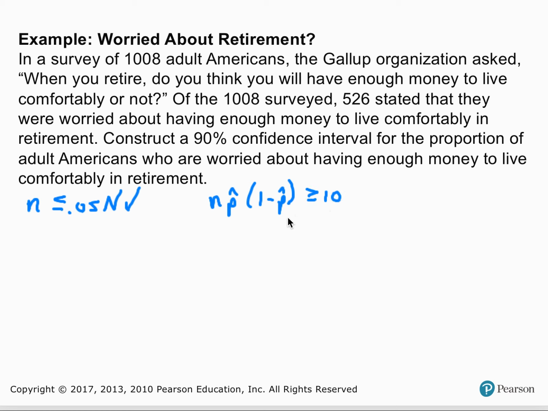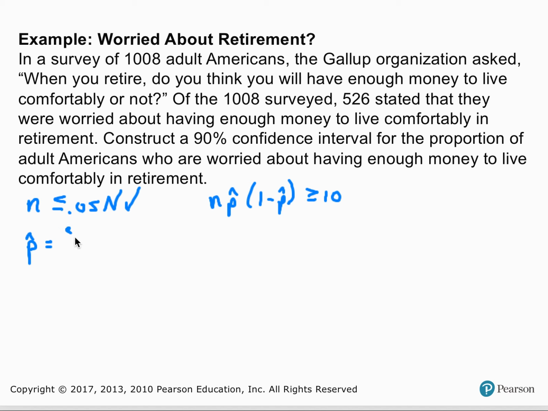Okay, and so let's see what our p hat is. P hat, now let's pay attention. 526 state they're worried about not having enough money.